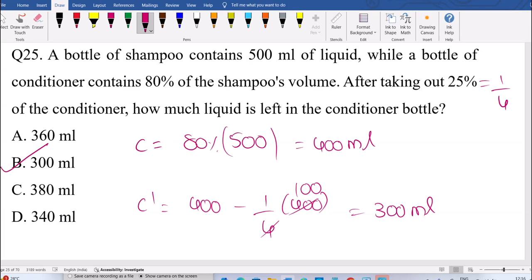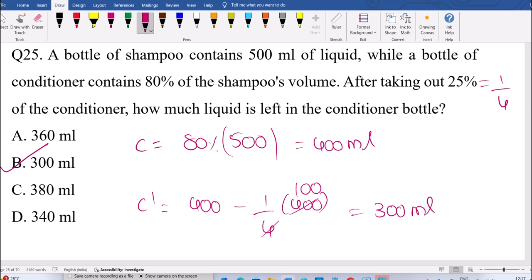See, let us say you have milk and water. You are removing 20%, which means 20% from milk will be removed, 20% from water will be removed. Both are mixed in a can. Milk is some quantity, water is some quantity. If the question says 20% of the quantity is removed, it means 20% of the available milk is removed and 20% of the available water is removed. Here conditioner available is 400.